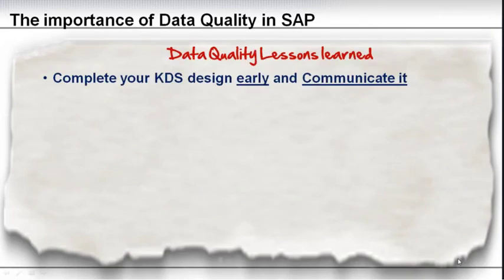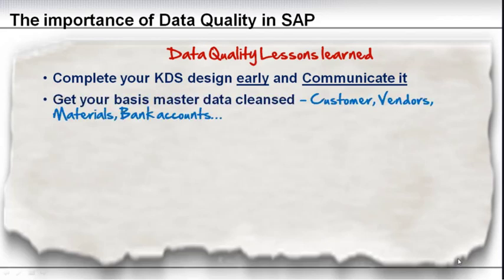Put in another way, here are some other lessons learned we would like to share. Complete your KDS design early and communicate it, because this is where you relate everything about your transaction and master data too. And once you need to do data correction or data cleansing, you need to know your KDS design so that you can ensure that it fits with the KDS.